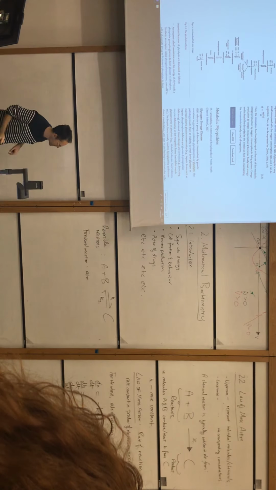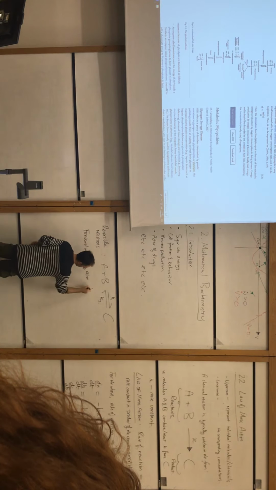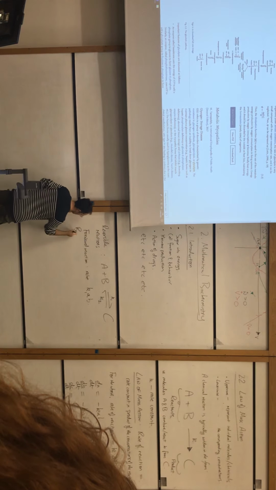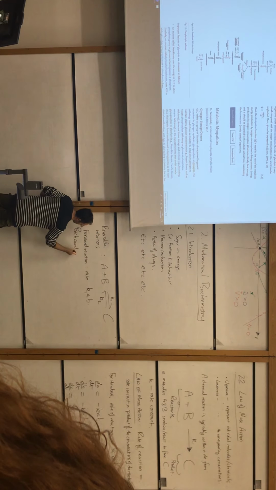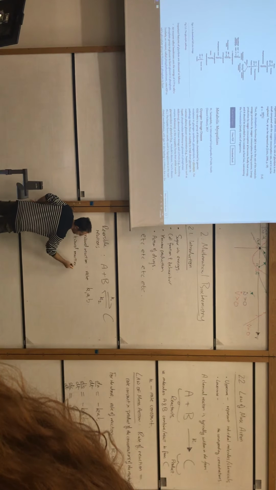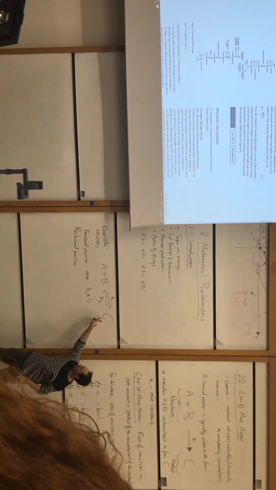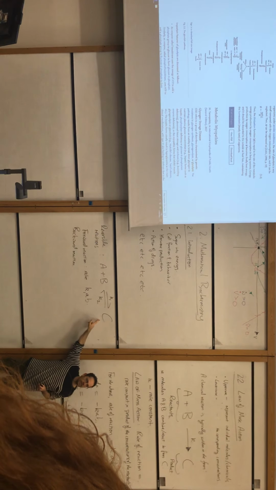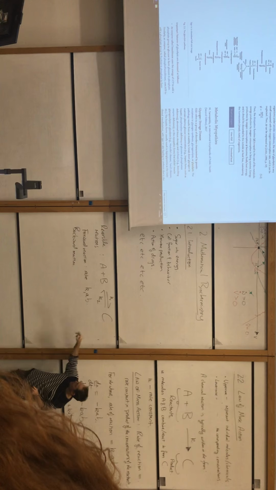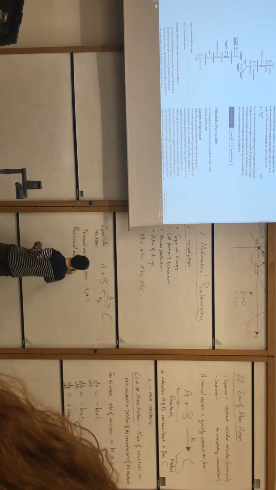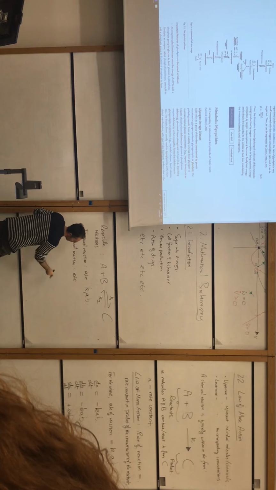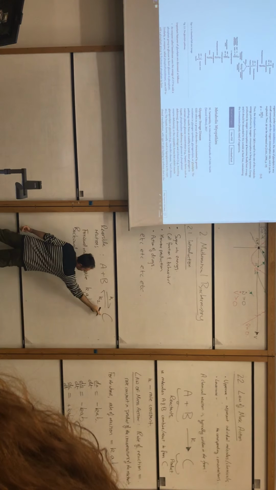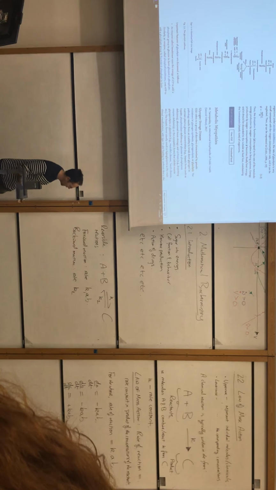A plus B forms C, and the rate of the reaction is k1 times A times B. The backward reaction, in this case, is going from C to A and B. So my reactant in the backward reaction is just this molecule C. The rate constant for that backward reaction is k2, and we've just got a single reactant involved in the backward reaction.